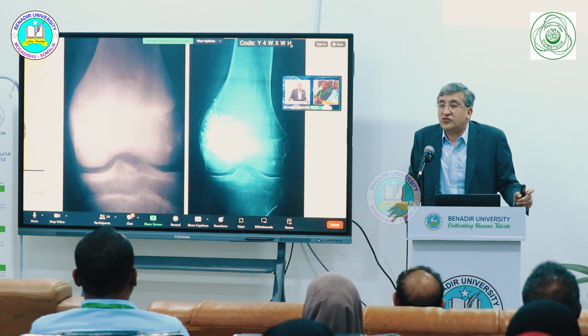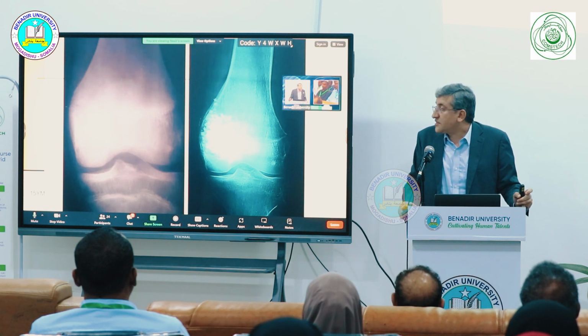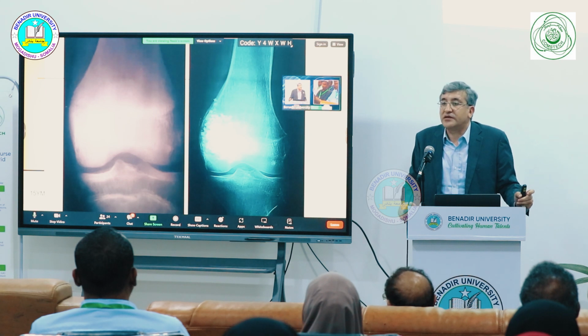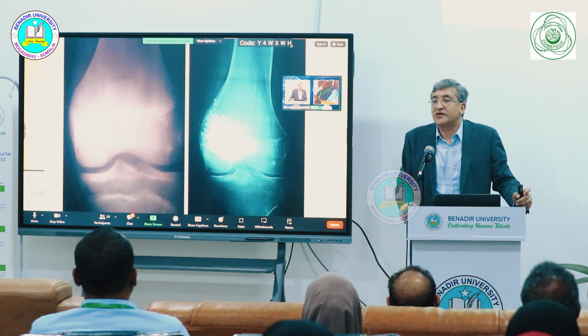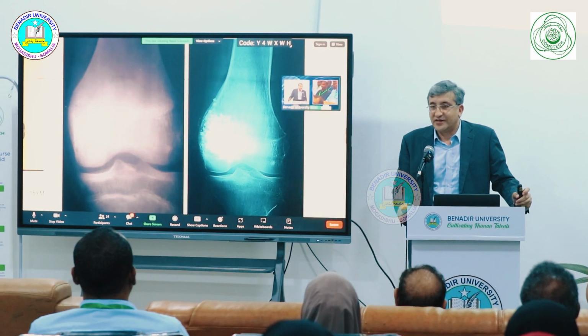I said, this looks like chondroblastoma to us. He was very sarcastic, and he said that this is in the metaphysis, not in the epiphysis. Maybe after 200 years, chondroblastoma will be reported in the metaphysis.